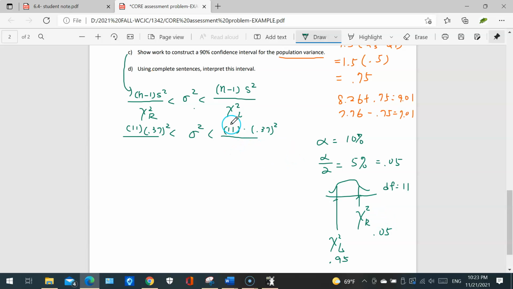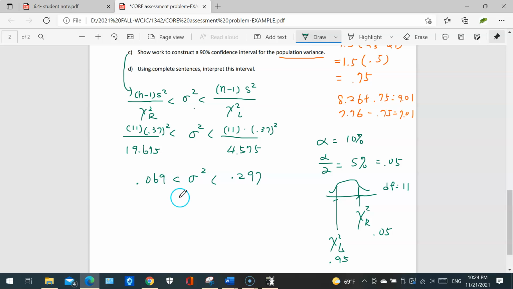So the number I have to the right here, I got 4.575. And the other chi-square value here, I have 19.675. So when I calculate these two numbers, here I got 0.069, and here I got 0.297.